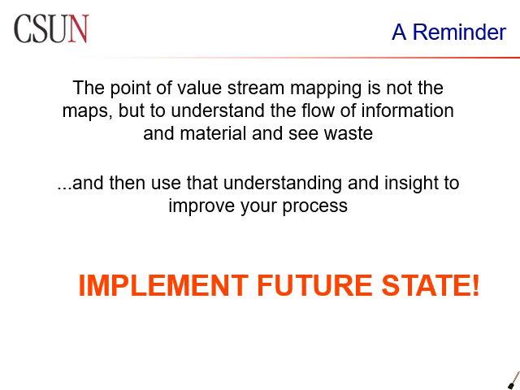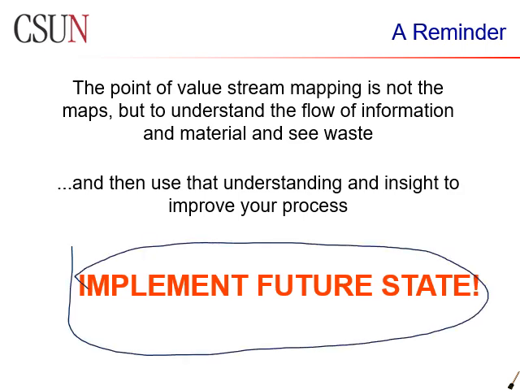When you understand the current process, we can identify where the defects or the wastes are, and then you improve them, and then you get a better implemented future state. That's the main objective. In other words, understand the current situation, improve the current situation, implement the better situation for the future. That's what we need to do here.